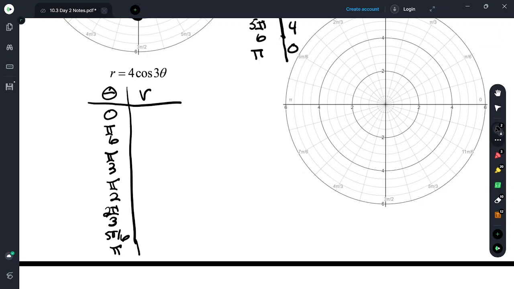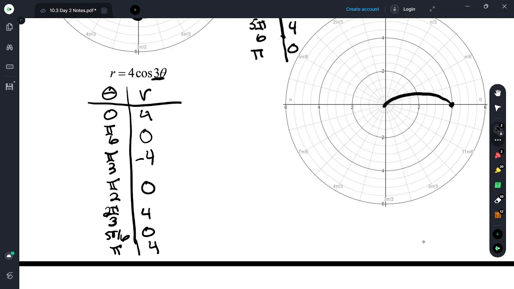So cosine of 0 now is 1, so this starts at 4. When we plug pi over 6 in, we get pi over 2, that's 0. So 0, negative 4, 0, 4, 0, 4. Now we start at 4 instead of starting at 0. When we get to pi over 6, we're back to 0, so we have a half a petal there.